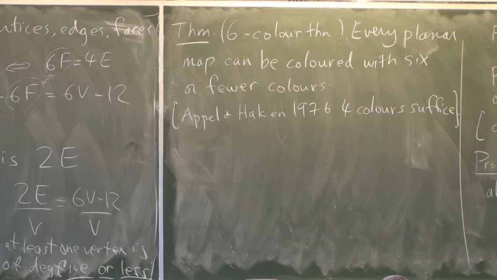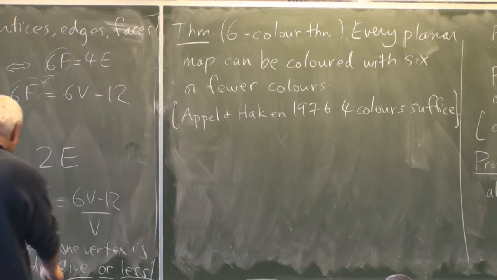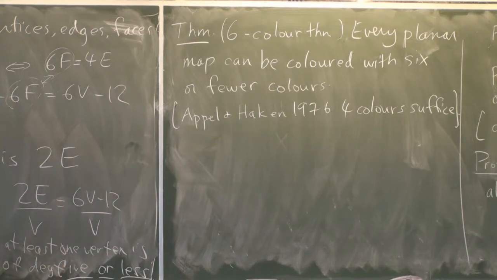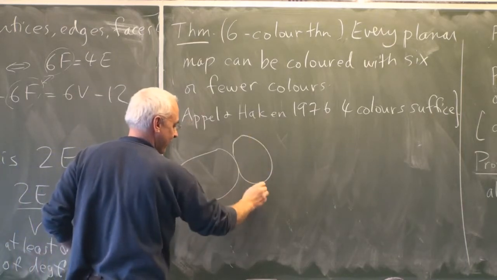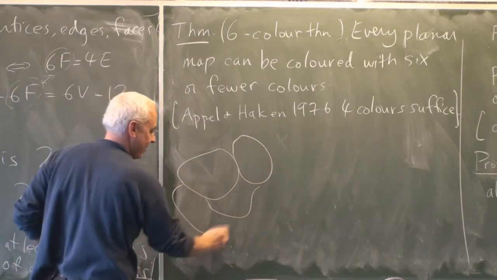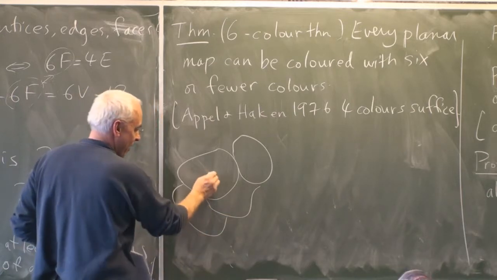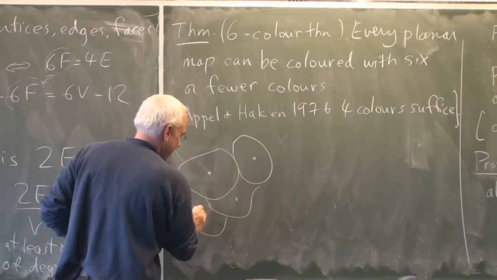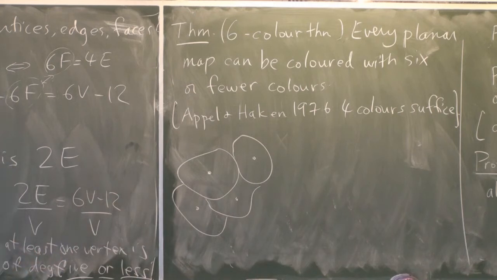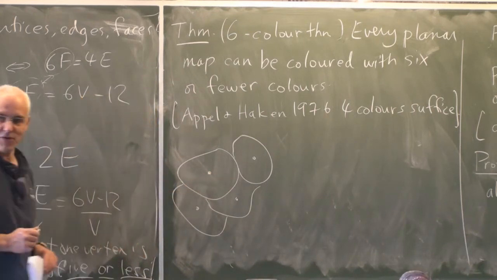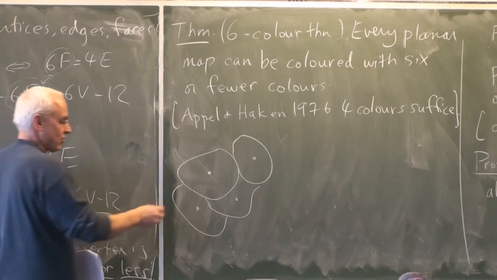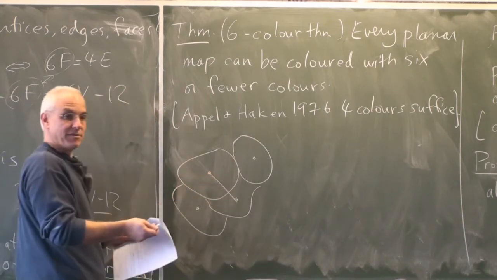All right. So in graph theoretic terms, instead of thinking about a map with countries, we just think about the corresponding adjacency graph. So we'll just put a vertex for each country and connect 2 countries if they're adjacent.